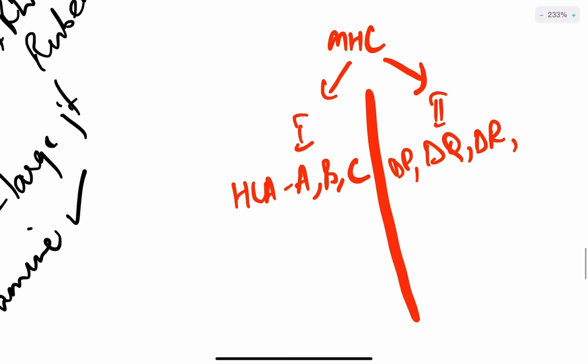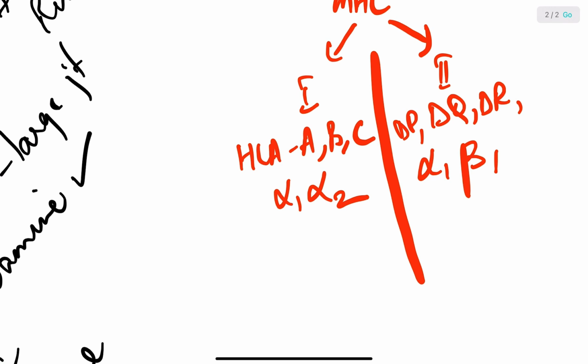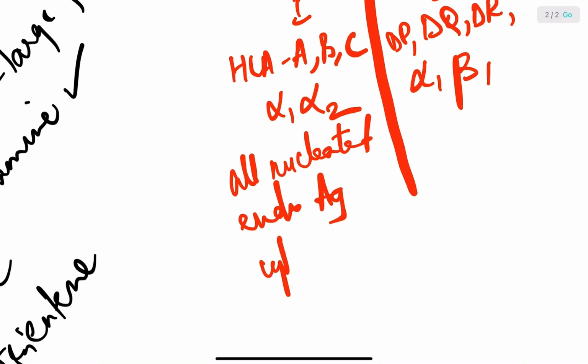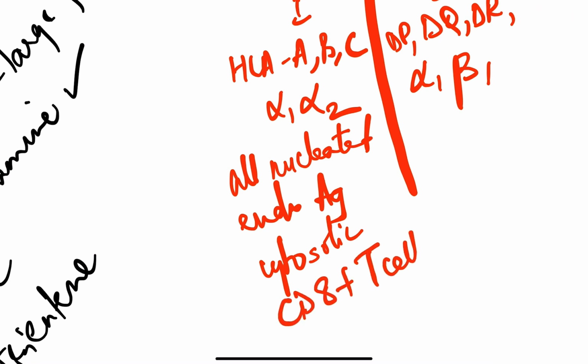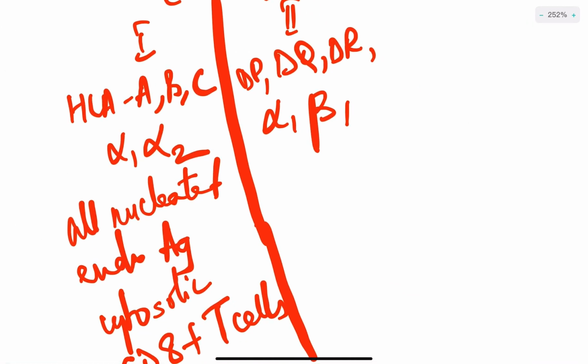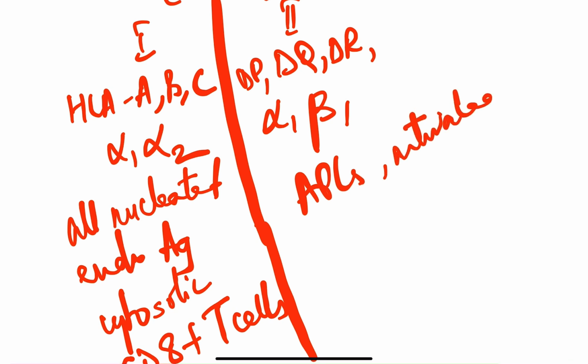Now, class 1, the peptide binding domain is alpha 1, alpha 2, whereas in class 2 it is alpha 1, beta 1. All right. Now what is the function: class 1 is actually present on all nucleated cells, and it recognizes endogenous antigens and processes them via the cytosolic pathway and presents them to CD8 positive T cells, as compared to MHC class 2, which is present on antigen presenting cells and the activated T cells, right?